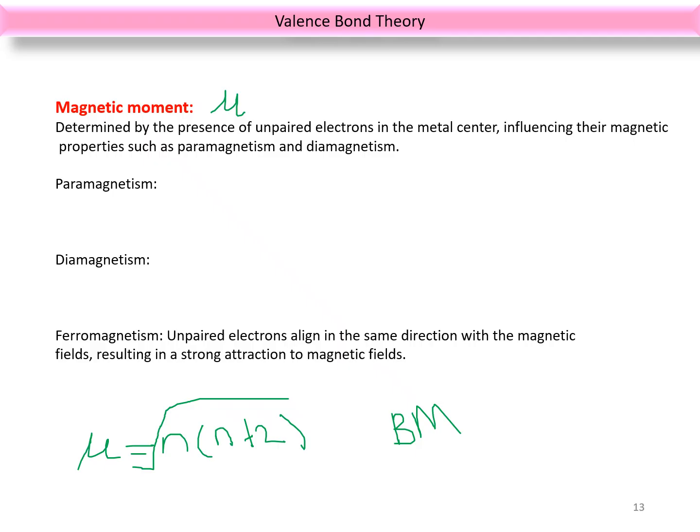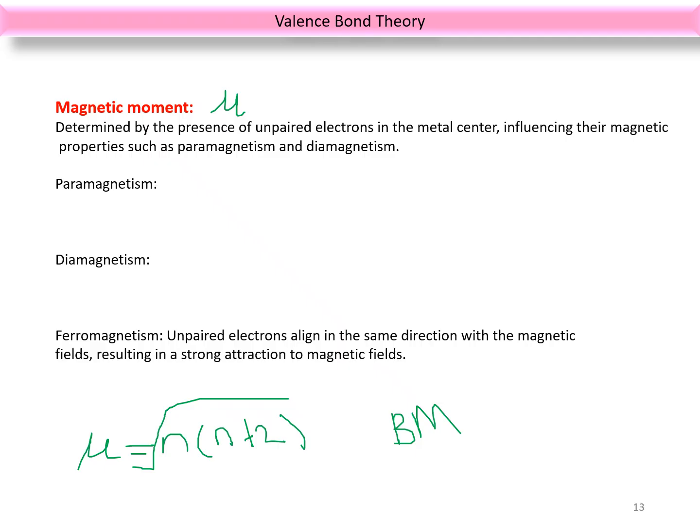So the number of unpaired electrons plays a crucial influence in the value of magnetic moment. At least one unpaired electron present in the d orbital of the metal center will generate paramagnetic properties. The higher the number of unpaired electrons, the greater the value of the magnetic moment.